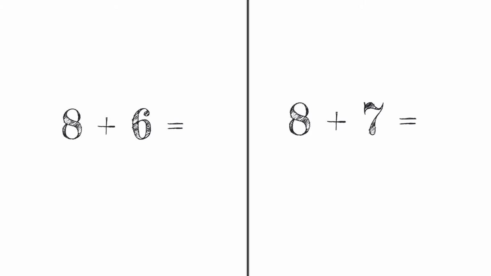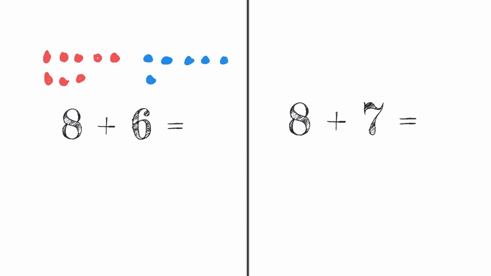So I'm going to draw out my group of 8 first. So 1, 2, 3, 4, 5, 6, 7, 8. Then I'm going to make my group of 6. 1, 2, 3, 4, 5, 6.